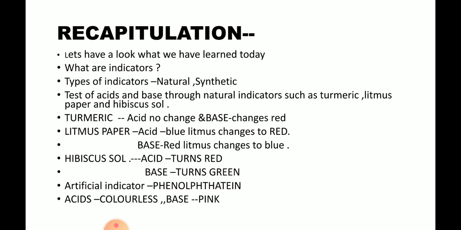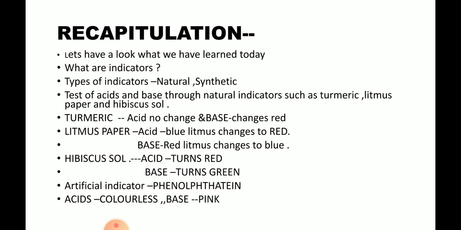And then we saw about litmus paper. Litmus papers are actually in two colors: one is a blue strip and one is a red strip. When the blue strip is dipped in acidic solution, it changes into red.